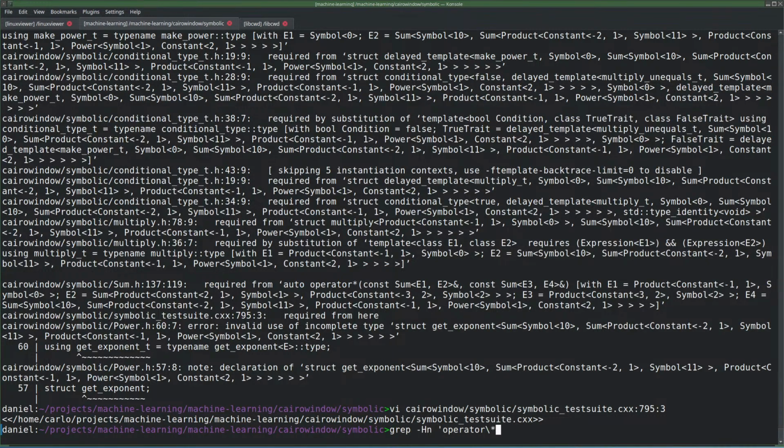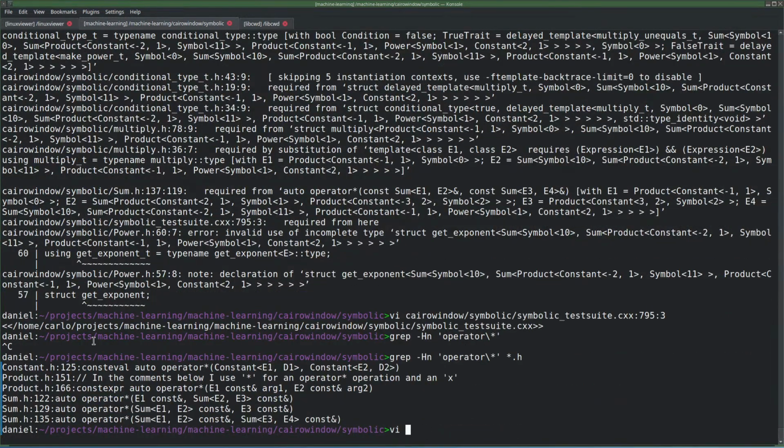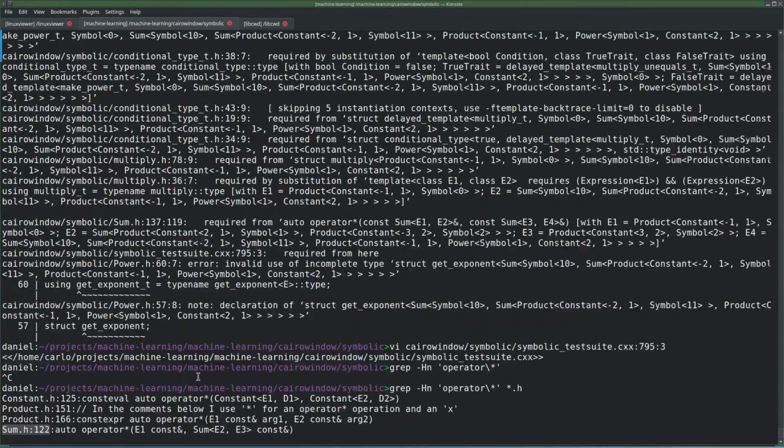Operator star, star.h, a constant and a sum. Isn't it not like this one then? I think it should be this one. I'm talking nonsense. What is being multiplied here? Sorry. Yeah, it is multiplication.